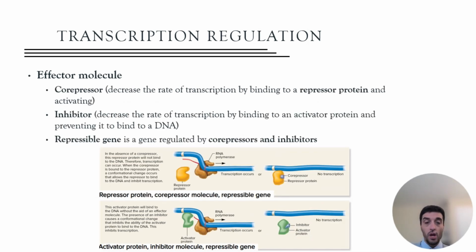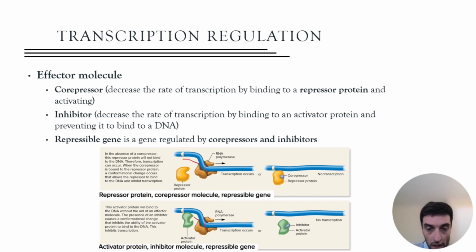On the other hand, we also have effector molecules that are going to repress the expression of a certain gene. For example, we have an effector molecule called a corepressor that's going to decrease the rate of transcription by binding to a repressor protein.